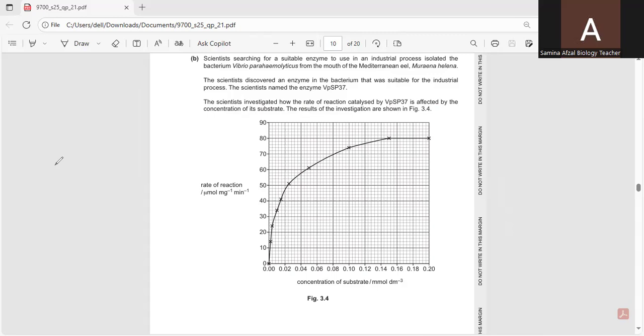So in figure 3.4, you can see the rate of reaction has been given on the y-axis, and on the x-axis they have given the concentration of substrate. The rate of reaction is very fast, and then after a certain point it reaches an equilibrium.